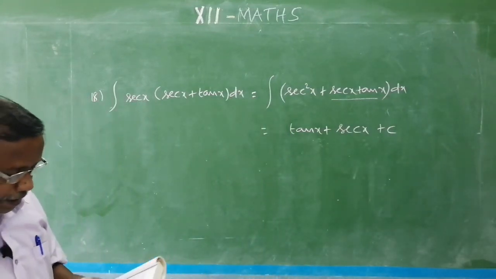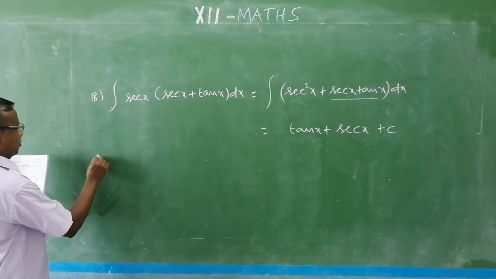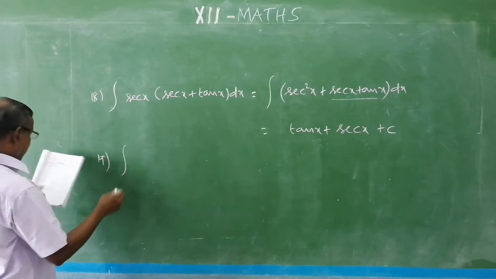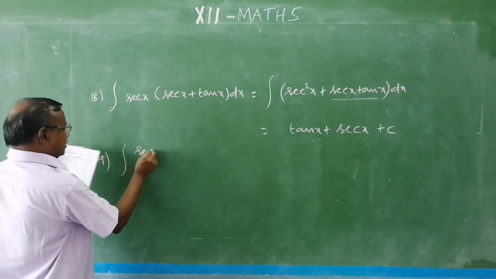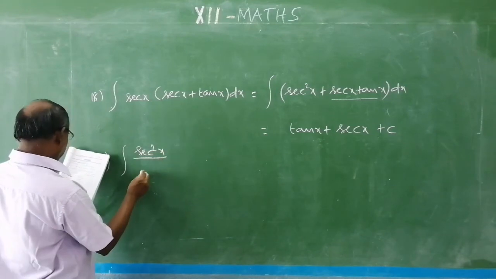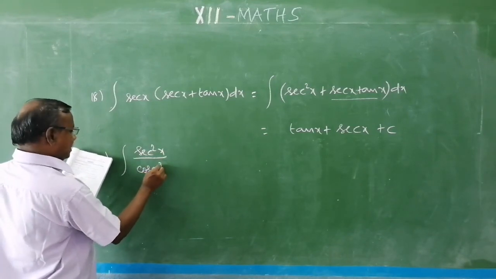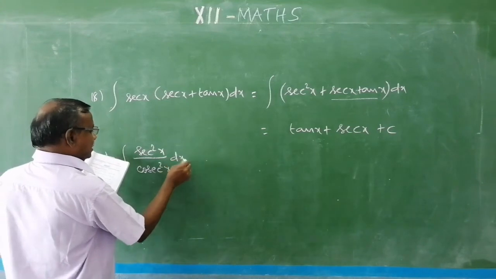Okay, the next, question number 19: integral secant square x divided by cosecant square x into dx.